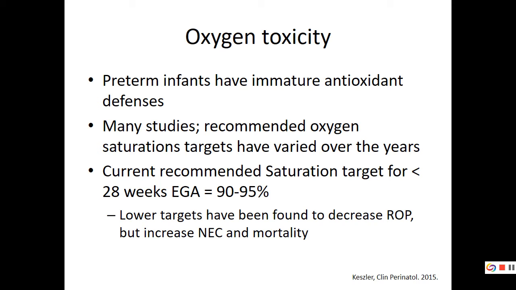And when people have tried lower oxygen targets, the good thing is they found a decrease in retinopathy of prematurity. The bad thing is more babies died and they got more NEC. So this has been extensively studied and will continue to be studied. But right now, we use 90 to 95. That may change. It's changed about 3 times in my career.